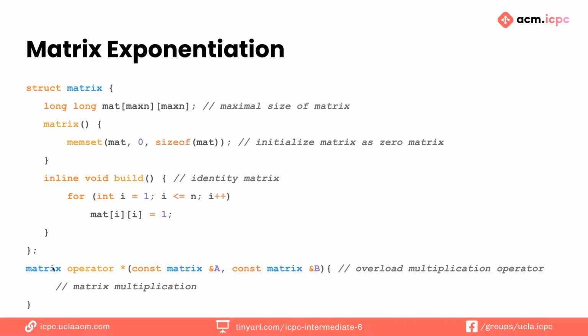And the operator here is to overload the ordinary multiplication. And the code inside it is exactly the same as our previous matrix multiplication sites. And there's too little space on this slide, so I omitted it. But you can see it on the worksheet.